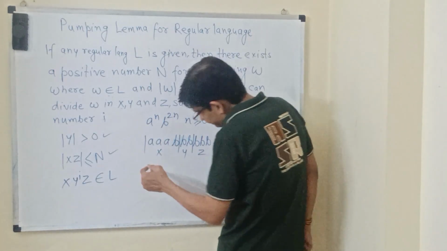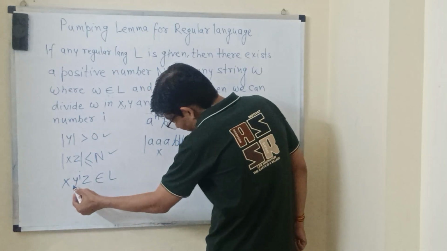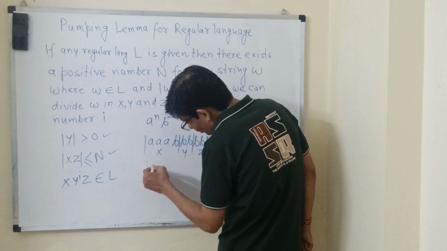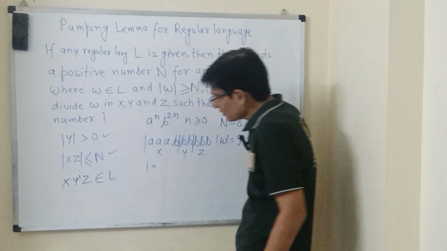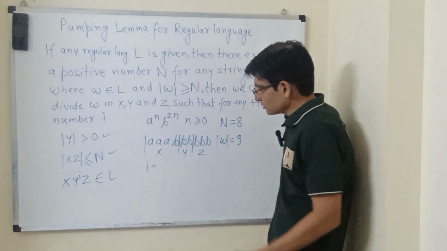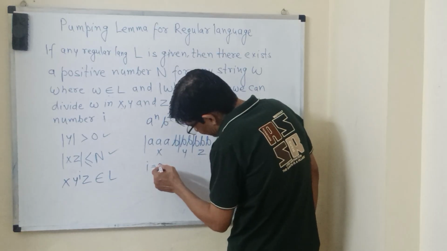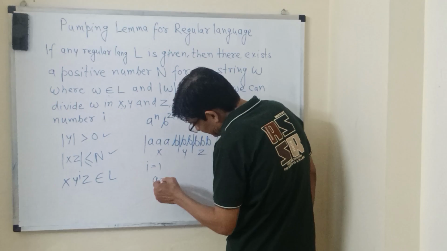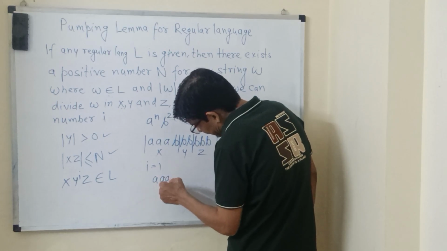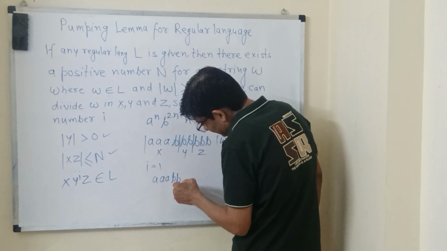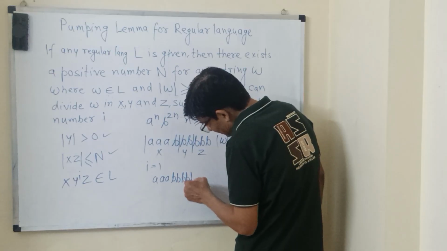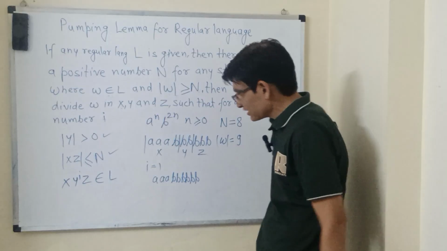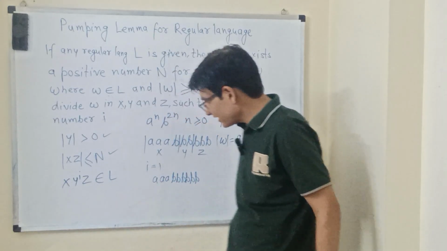Now I will consider the first value of i as 1. For i equal to 1, the string would be the same as W: A, A, A, B, B, B, B, B, B. And this belongs to the language. So yes, it is belonging to the language.